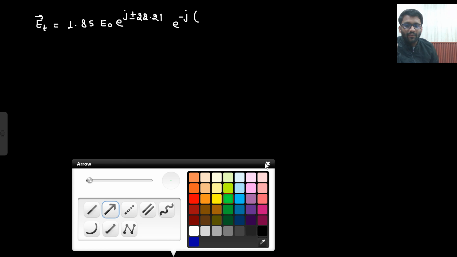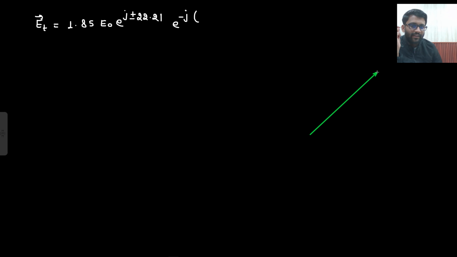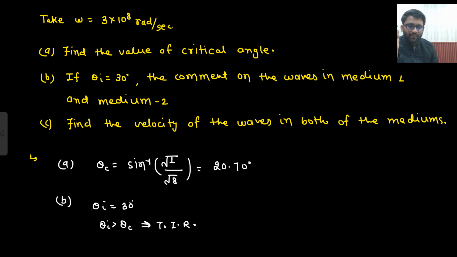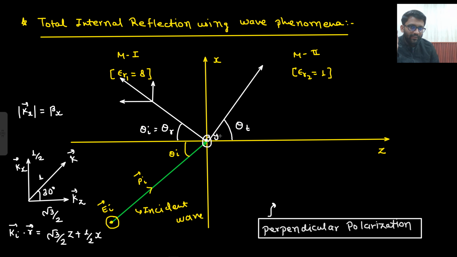It is having an angle of plus minus 22.21 as well, right? Then e to the power minus j, where the wave is traveling. This is my reflected wave, right? If you see the diagram clearly, this is your reflected wave. Sorry, not reflected, really sorry. This is your transmitted wave.